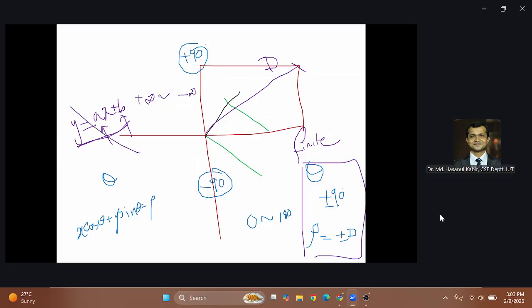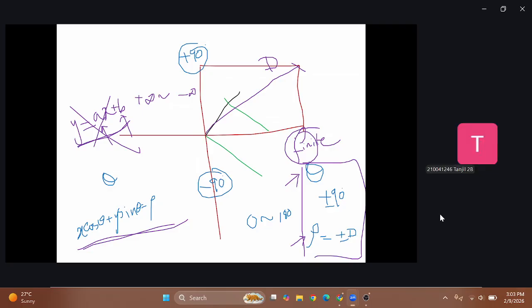But if we have this polar representation of the same line, then the parameters we are looking for, theta and rho, have a finite range. Since they have a finite range, the parameter representation is better whenever we use the rho theta space. Is it clear? Yes, sir.